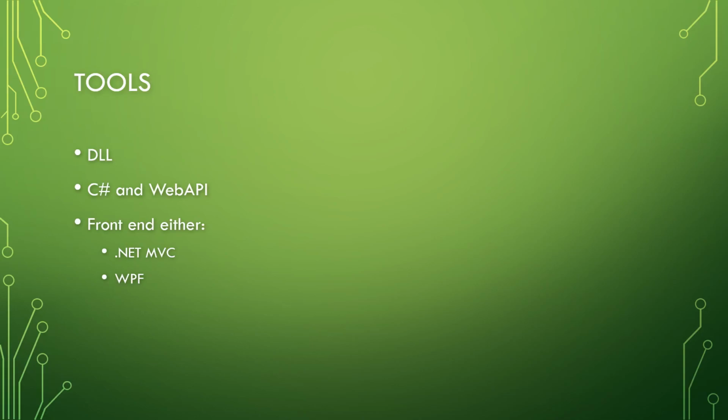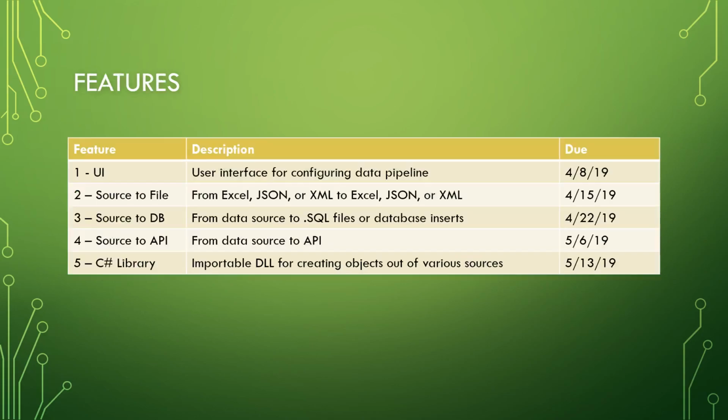C# obviously is the language for Web API, the other option being VB, I think, but C# is probably a better call. And then the front end, it'll either be .NET MVC or WPF. I'm leaning towards WPF because this just has more of a desktop feel, in my opinion.